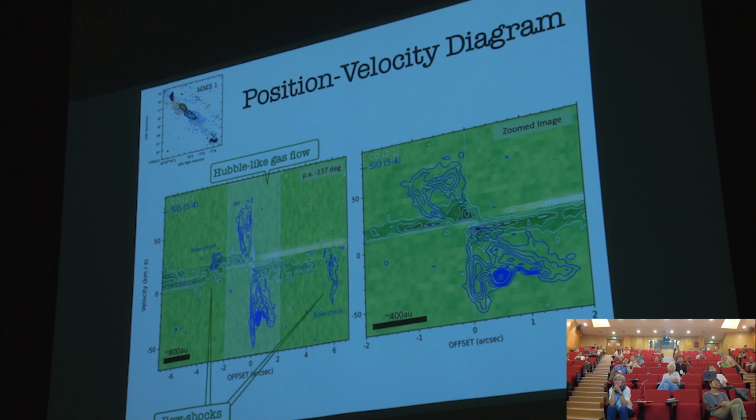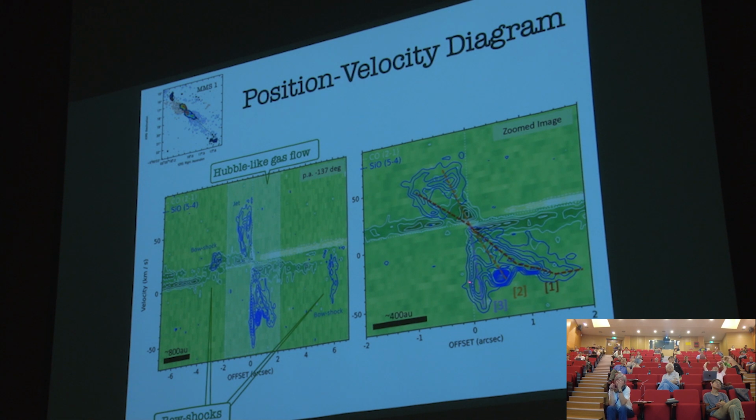Here is the zoomed image, and we have successfully spatially resolved the velocity structure within this Hubble-like flow. It seems to have several components, not only one component. At least we could see 3 components.